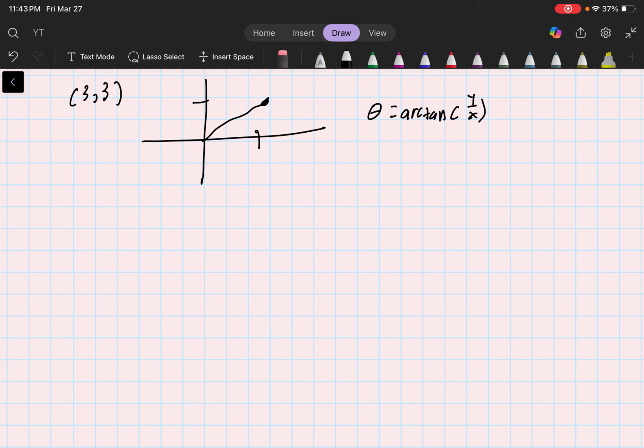I believe the reason why that is, and I might be wrong, but who knows, is because when you have tangent theta, which is just opposite over adjacent from this angle, you get 3 over 3, so tangent theta is equal to 1. From there, you can do arctangent and actually find the angle itself, which is just what we're doing with this example. So that's my theory as to why we use arctangent.